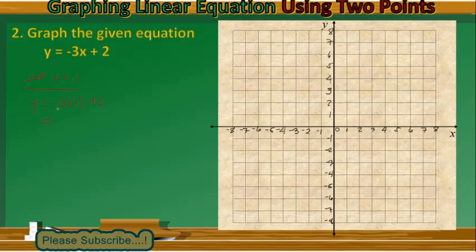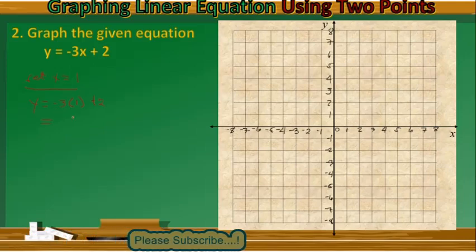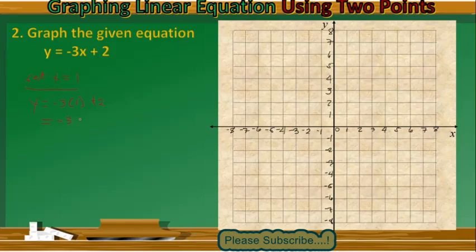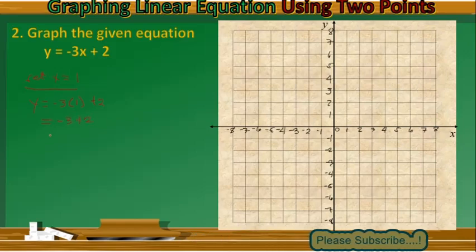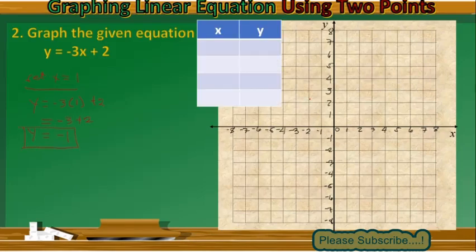So by simplification, negative 3 times 1 is negative 3, plus 2. So your y is equal to negative 1. Okay, we write that in the table of values. So when x is 1, your y is negative 1.